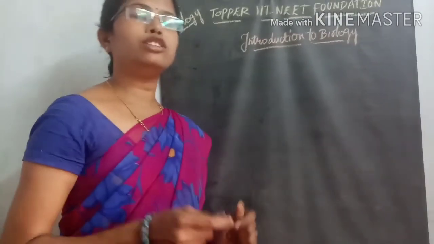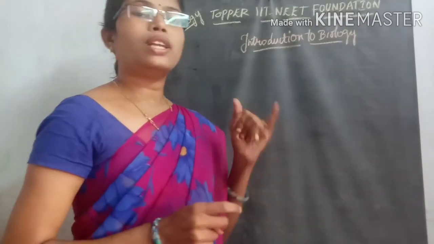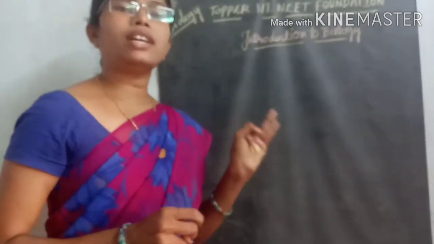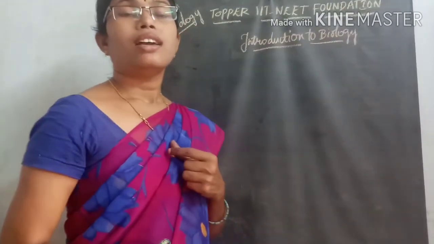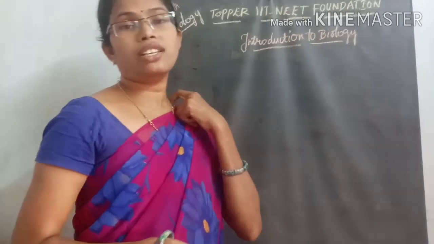Biology is divided into two main branches. One is called botany and the second one is called zoology. Botany is the study of plants and zoology is the study of animals.